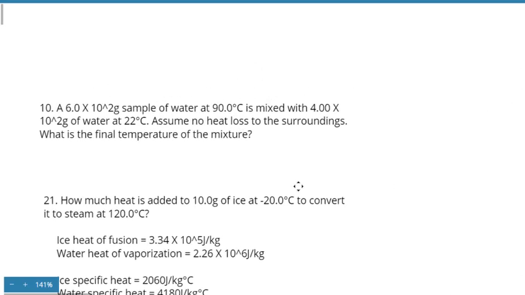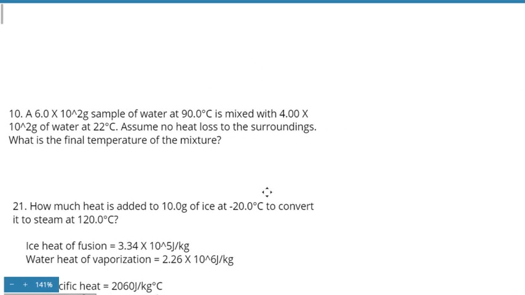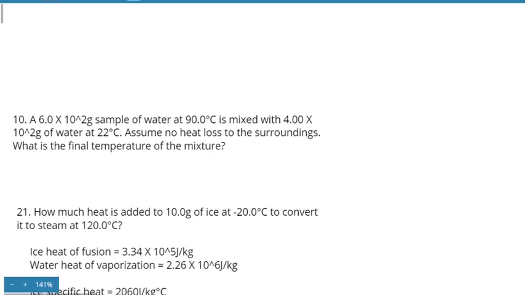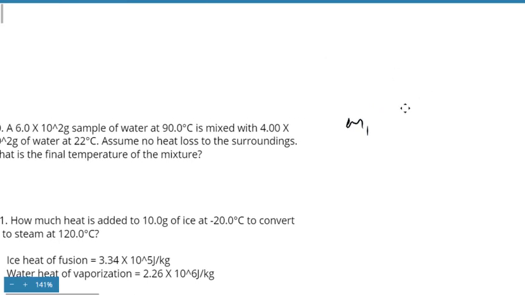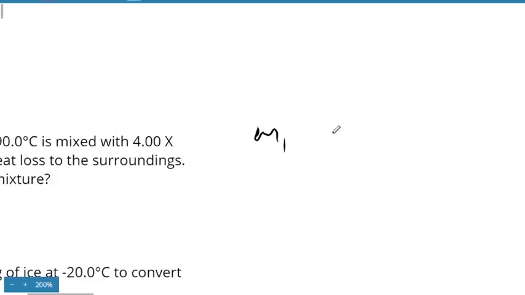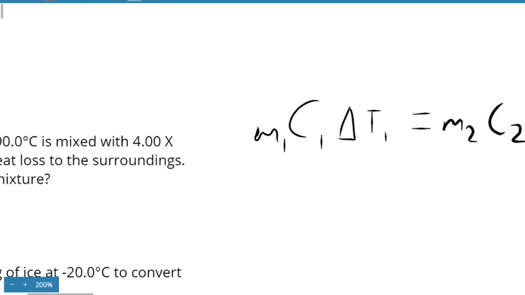So to express this in an equation, we do m, I'll just put 1 and 2 to show that they're different, m1 c1 delta t1 equals m2 c2 delta t2.